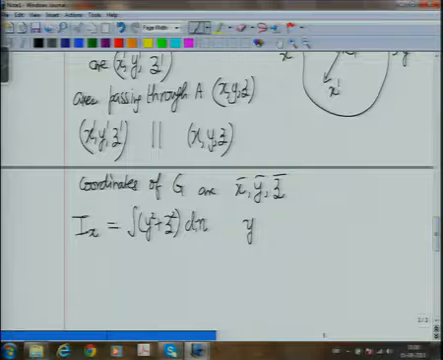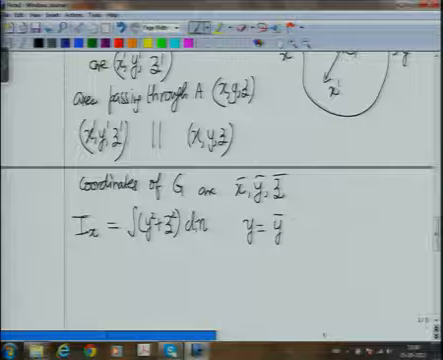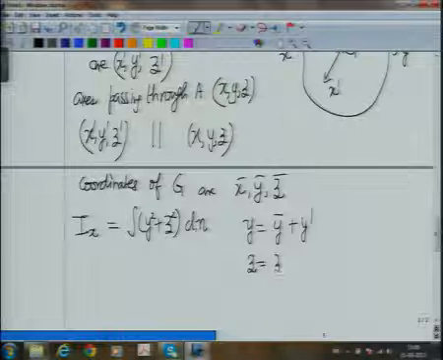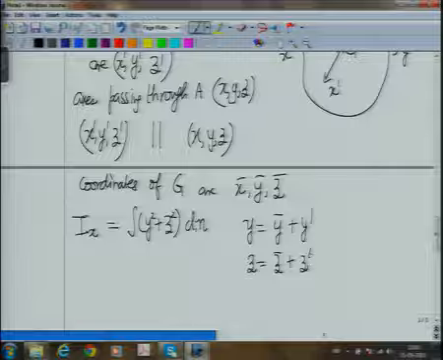Now y can be written as y bar plus y prime. Is this obvious or not?